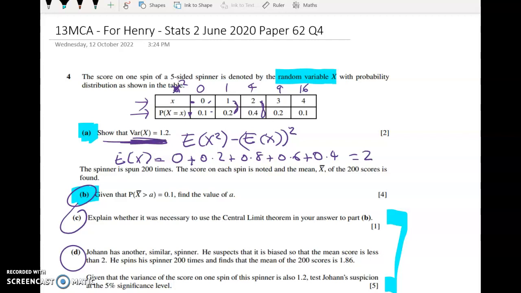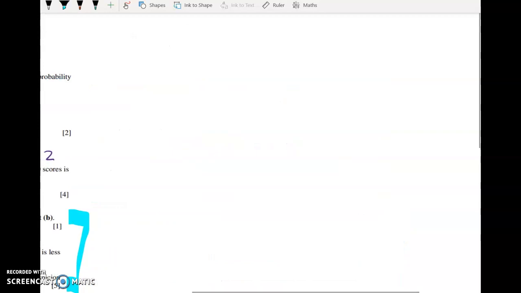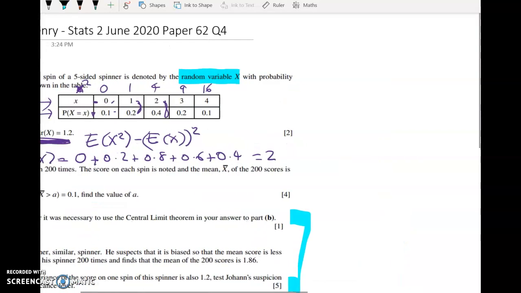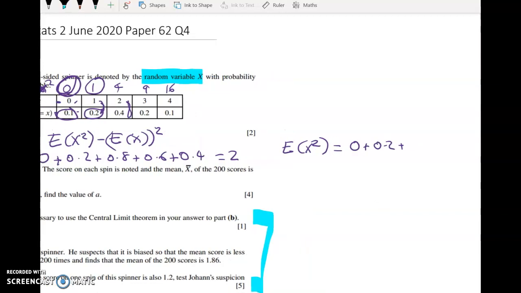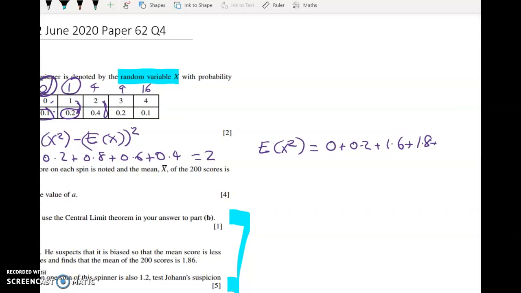The next thing in here is to show that the variance of x is 1.2. Oh, that's going to be a pain having that over there. Okay, let's do it here. So E of x squared is going to be this number times the probability and so on. So E of x squared is equal to 0 plus 0.2 plus 4 times 0.4 is 1.6 plus 9 times 0.2 is 1.8 plus 16 times 0.1 is 1.6.